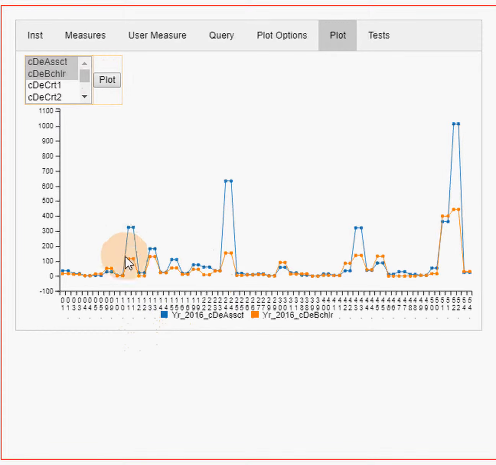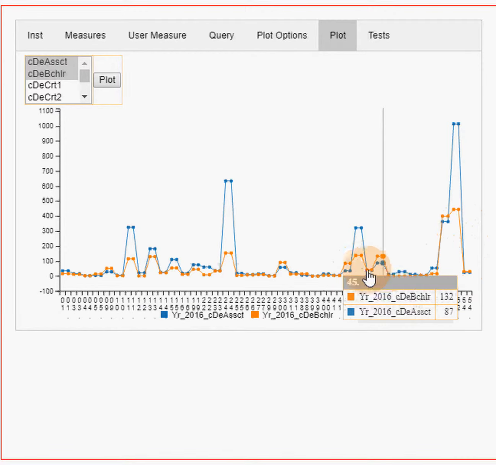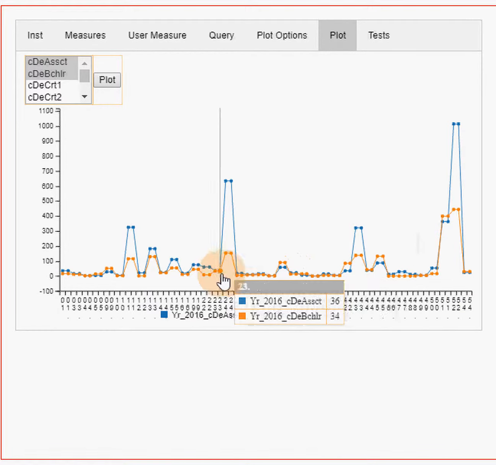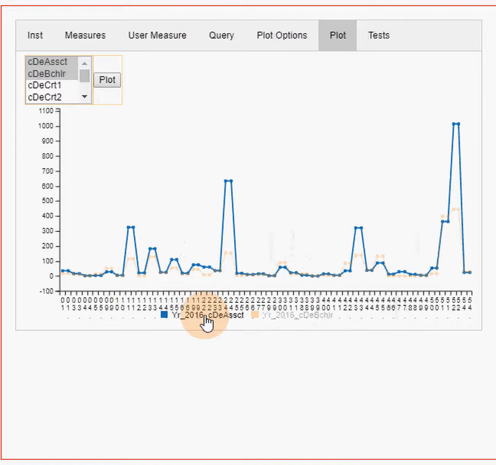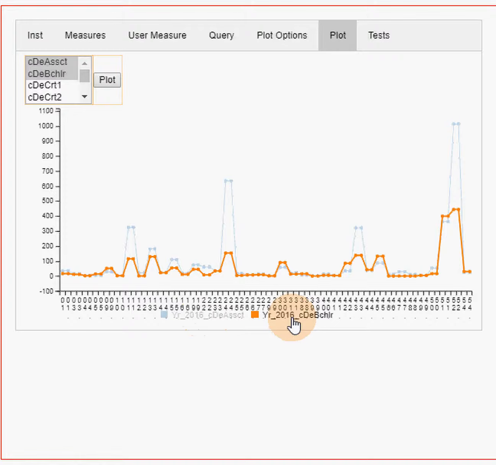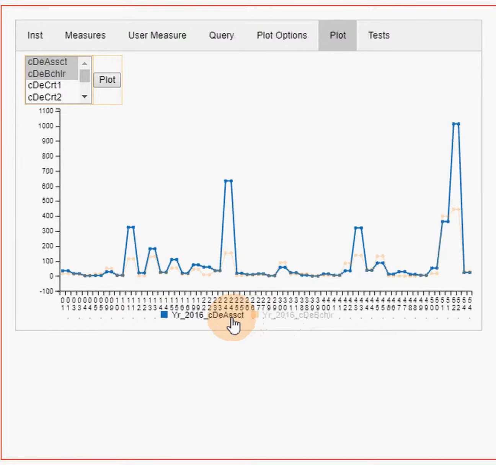Okay, so they are roughly in the same zip area. But you see for the associate they are higher, they have more programs, and for the bachelor there are fewer programs.